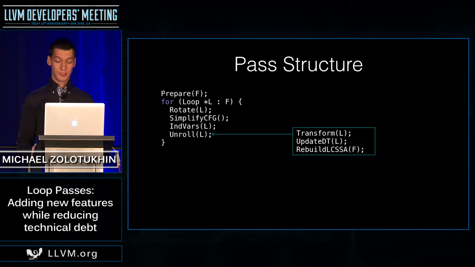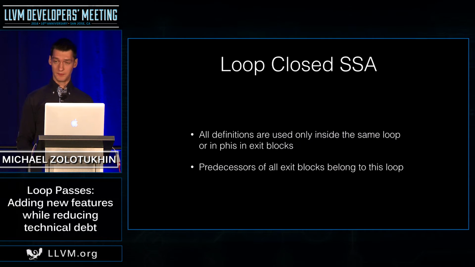And unfortunately, for LCSSA, it's not always that easy to update it locally. So let's see why this is the case. And let's start from the definition of LCSSA. It stands for loop closed SSA form, and a loop is considered to be in LCSSA form when all values defined in this loop are only used inside the loop or in phi nodes in its exits.